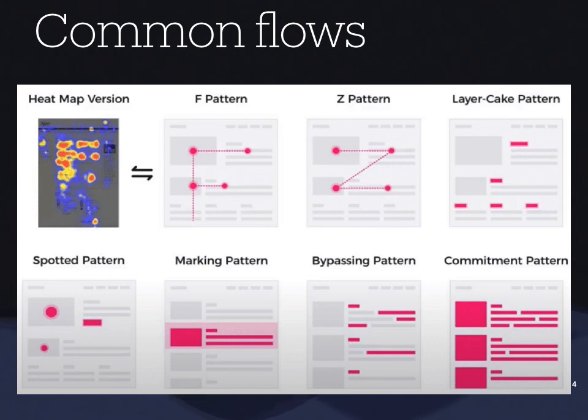The bypassing pattern is skipping the large images that you might think are what would attract people's attention, but it's just reading key words and phrases from the text. And then the commitment pattern looks at every single thing on the page. Typically what you want to think about as you are designing are things like the F pattern and the Z pattern, or combinations of these that might be competing elements.